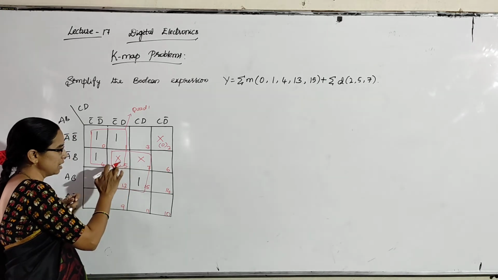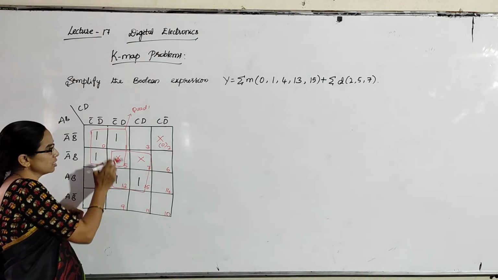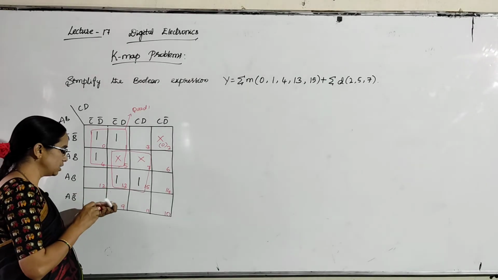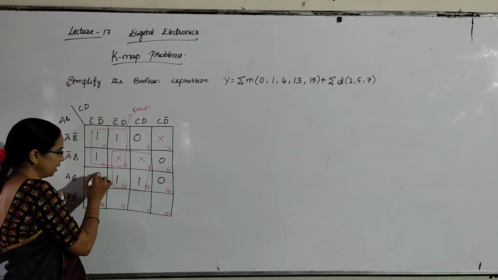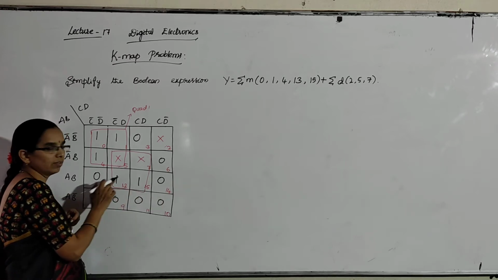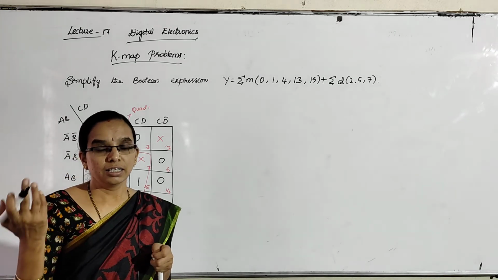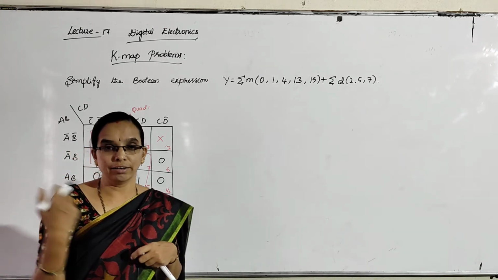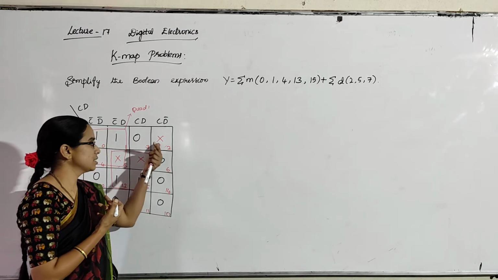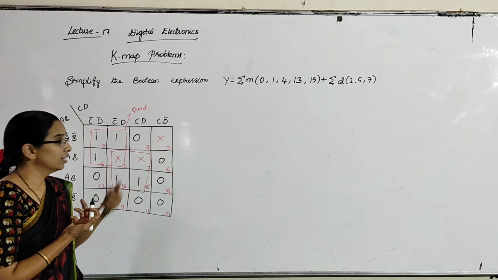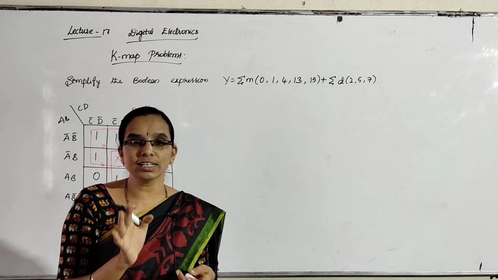While solving the sum of products expression, once we have marked the groups, the others will be 0 only. So it is understood that this don't care condition we have not included in our group. It is not compulsory to include it in the group. Only if it is advantageous for our group will we consider it.